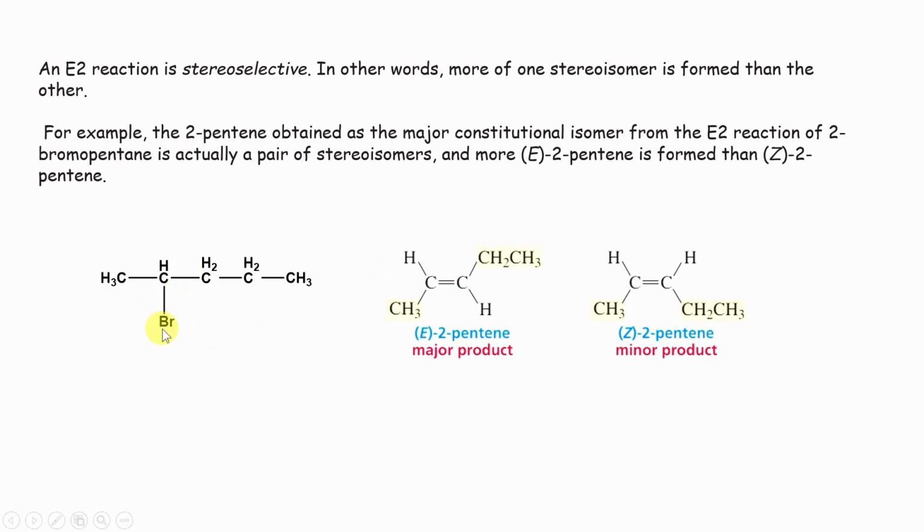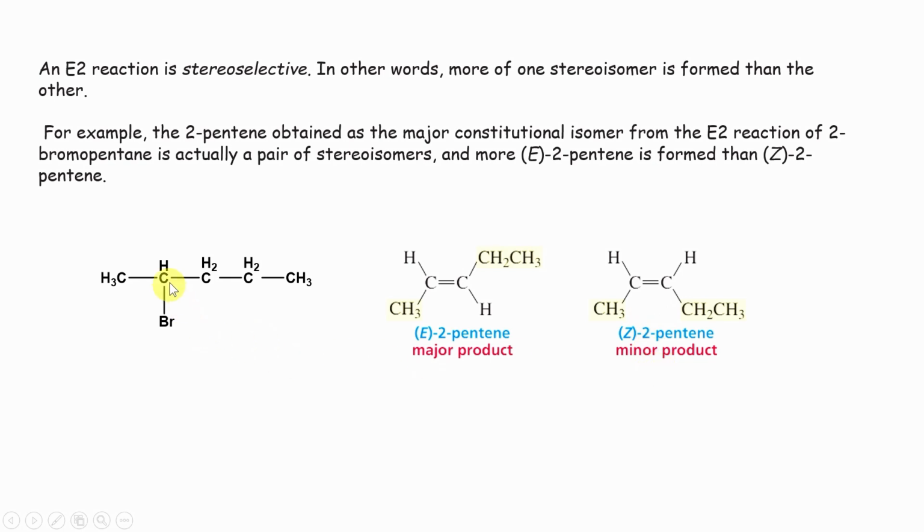You can see it is 2-bromopentane, which on E2 reaction will give two alkenes. One is E-2-pentene, where the bulky groups are on the opposite side of the carbon-carbon double bond, which is obtained as the major product. While in Z-2-pentene, you can see the bulky groups are on the same side of the carbon-carbon double bond, which is obtained as the minor product.